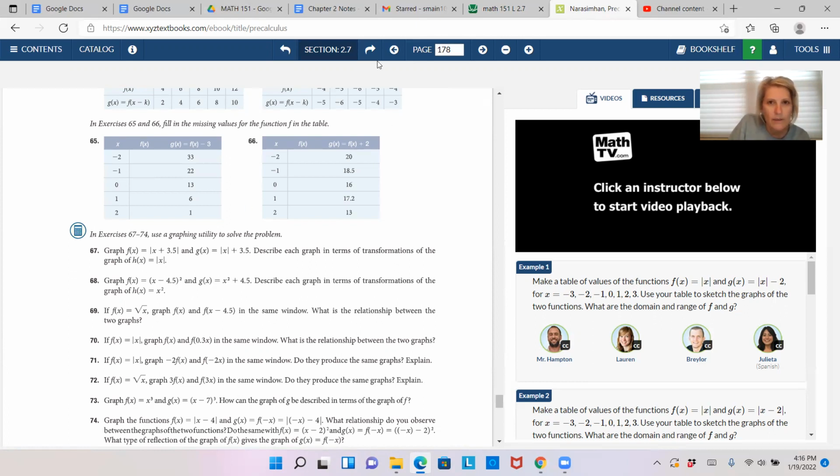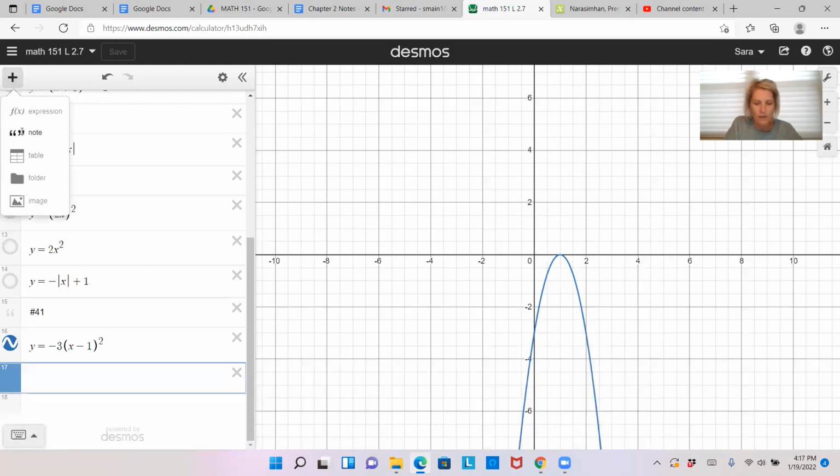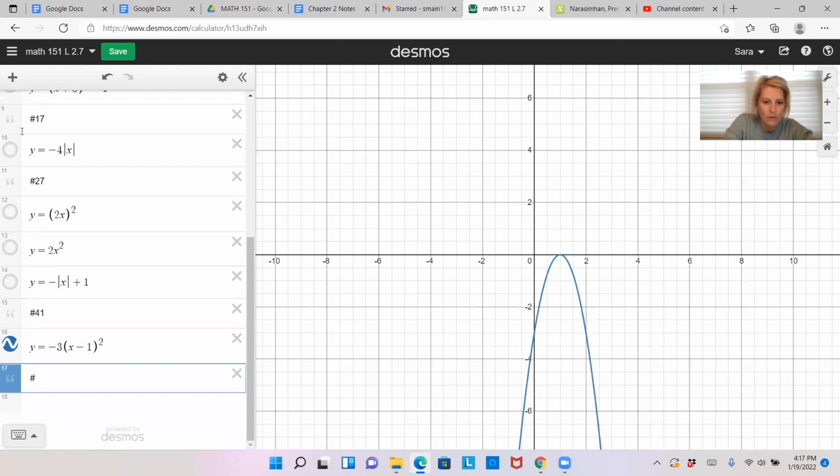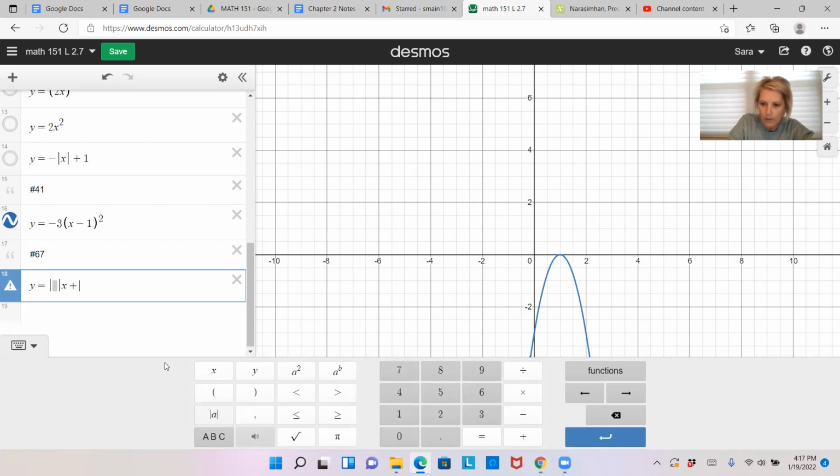And so let's investigate these in Desmos, and then we're going to write down our discussion here. This is number 67. And so we have y equals absolute value of x plus 3.5. Why does it not go inside there? x plus 3.5.